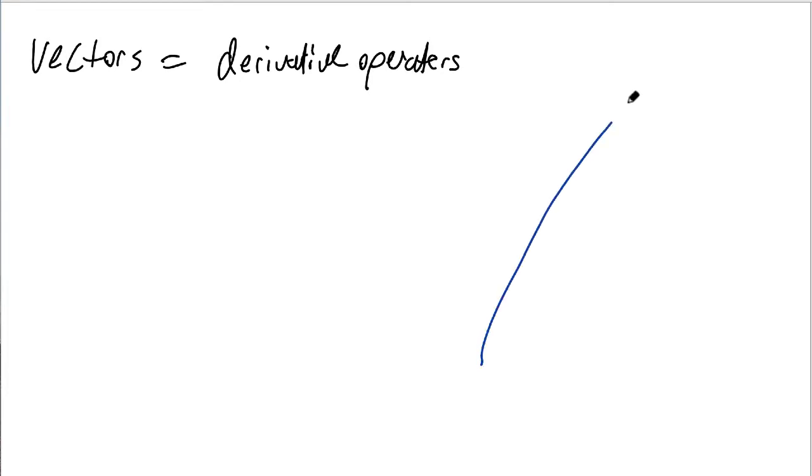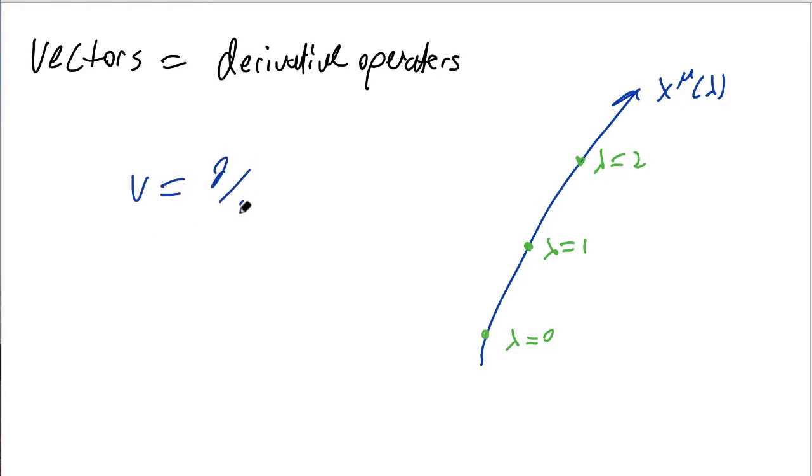For example, here's a parameterized curve, parameterized by lambda. Let's say this is the point lambda equals 0. Here's lambda equals 1, lambda equals 2, and so forth. Now we can define the derivative operator d by d lambda at any point along this curve.